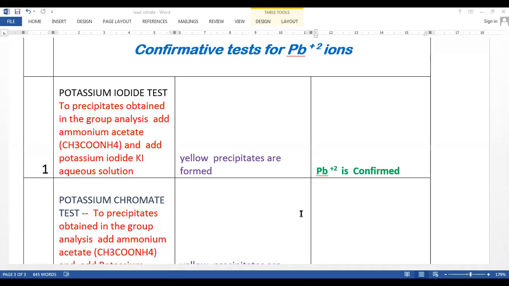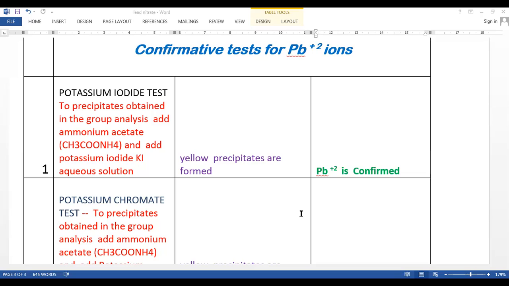Please pay attention. Now we have these black precipitates produced with us. We will divide these black precipitates into two parts, and then we will perform the following tests. So this is the black precipitate that we have.